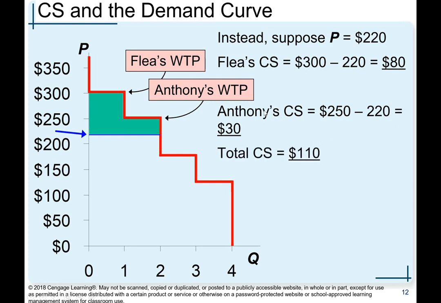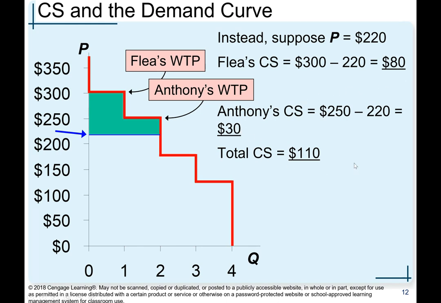But Anthony now joins the market also. So Anthony's consumer surplus will be 250 minus 220. You remember Anthony's willingness to pay was 250 and the price of an iPod is 220. So for Anthony, consumer surplus is $30. So total surplus at this point is the $80, which is consumer surplus for Flea, and $30, Anthony's consumer surplus.